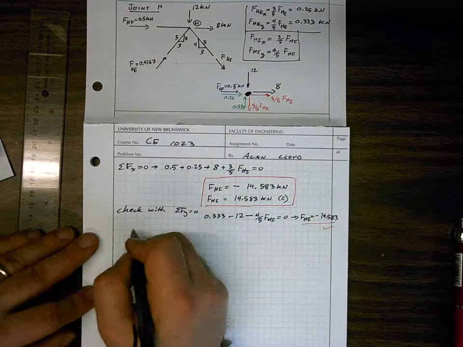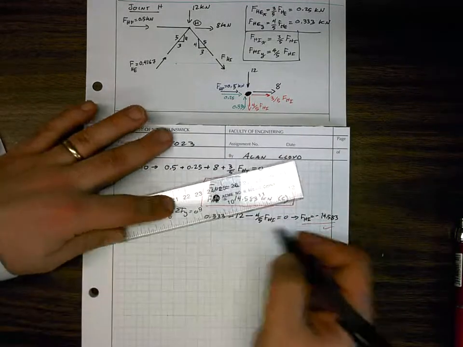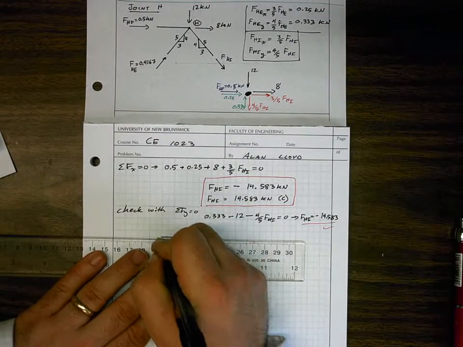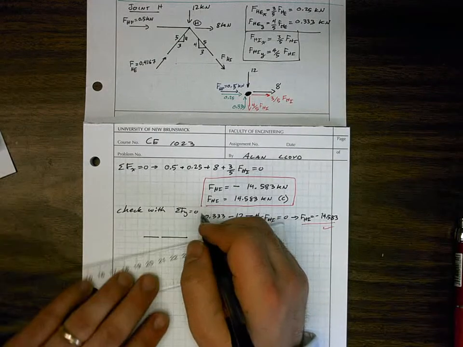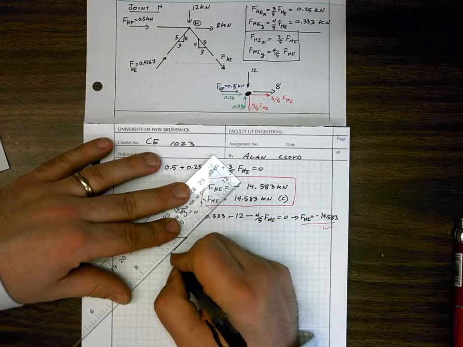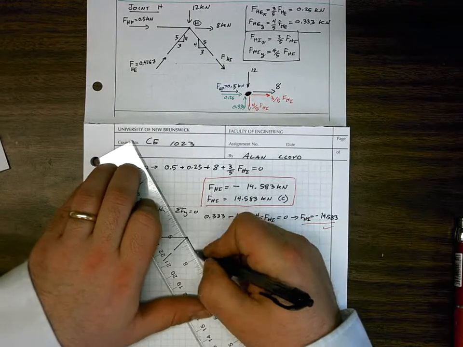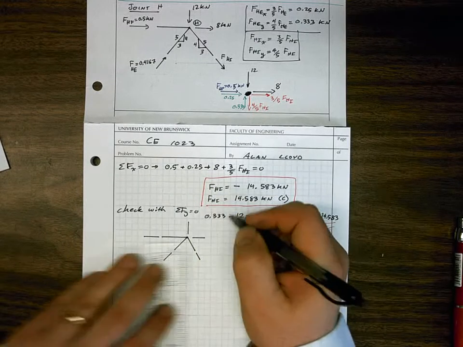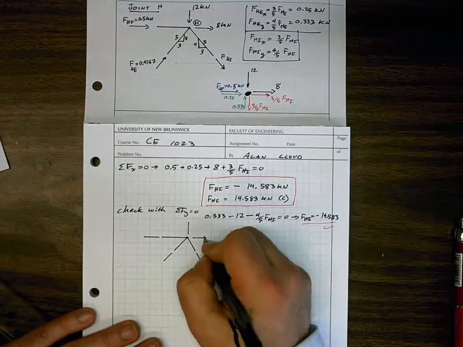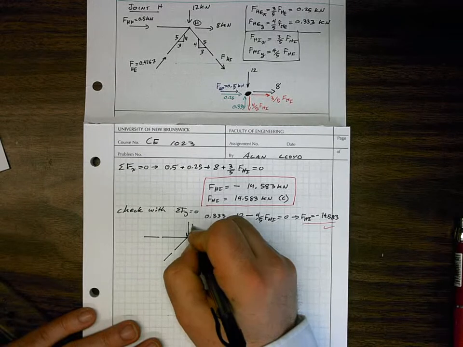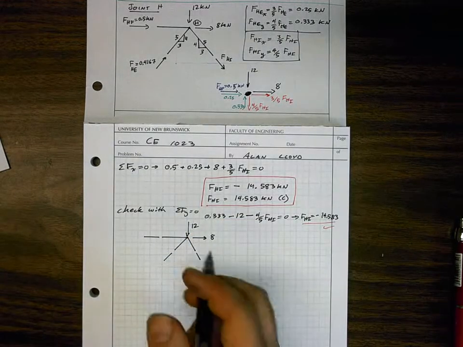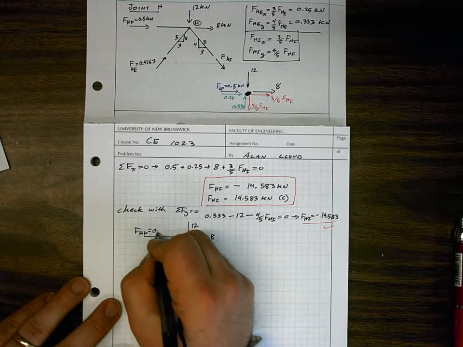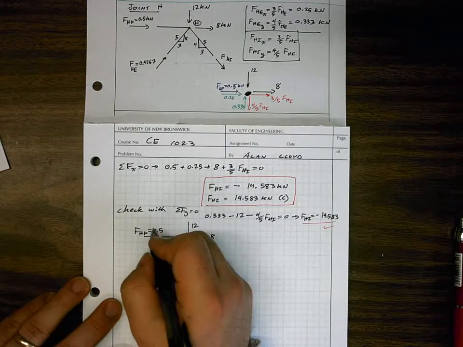We can draw our summary joint now, or summary of that joint. So we've got a cord going this way with a force, the cord coming down here with a force, cord coming down here with a force, our external load in two directions. That's 8, that is 12. Framing into this, we have FHF is equal to 0.5 in compression.